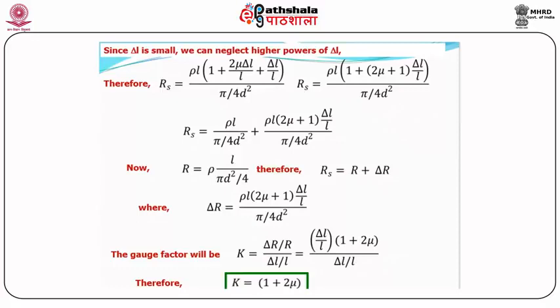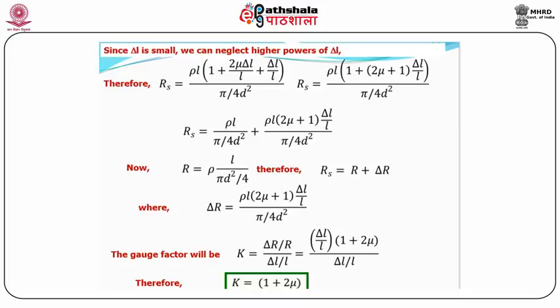So students, since delta L is very small, we can neglect the higher powers of delta L in the previous equation, and we can write the expression for Rs as rho L multiplied by 1 plus 2 mu delta L by L plus delta L by L divided by pi by 4 d square.